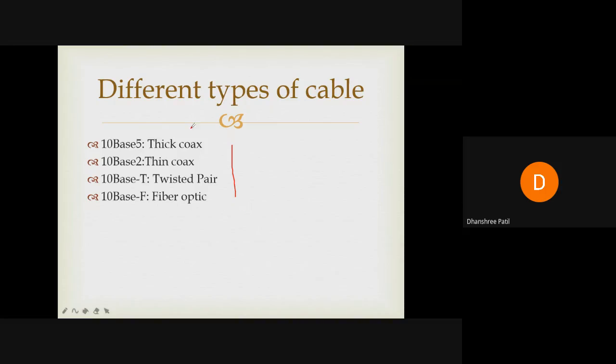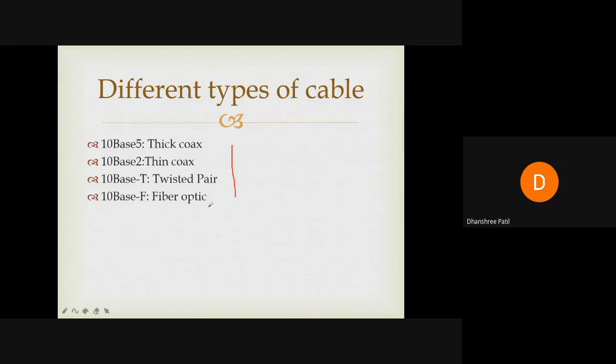I'll show you. 10 base 5, 10 base 2, 10 base T, and 10 base F. These are the four cables which are mostly used for Ethernet LAN. 10 base 5 is called a thick coaxial cable. 10 base 2 is called a thin coaxial cable. T is twisted pair, F is fiber optic.